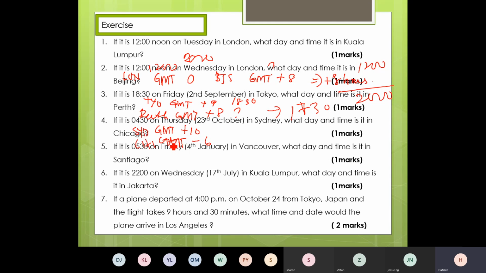So how do we do this? The Sydney time is 0430. What is the time in Chicago?